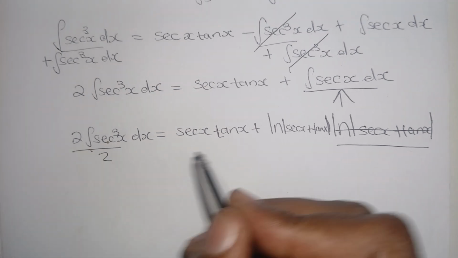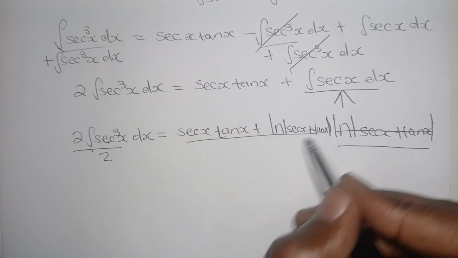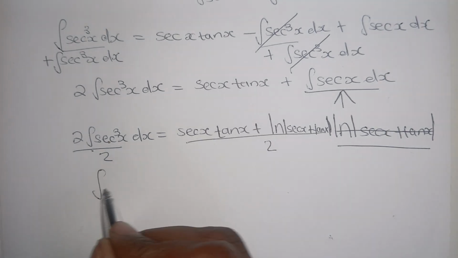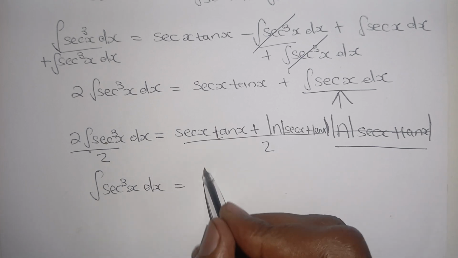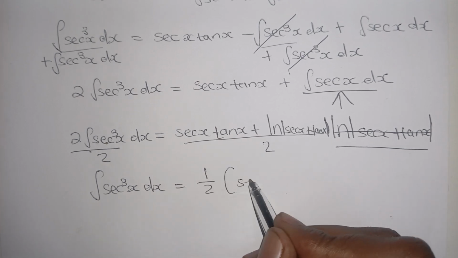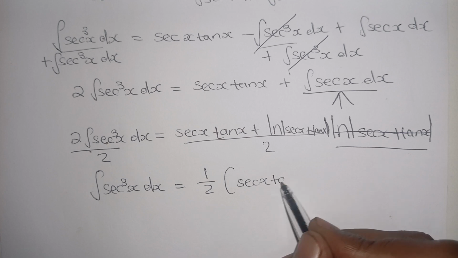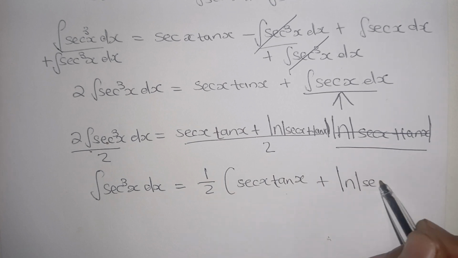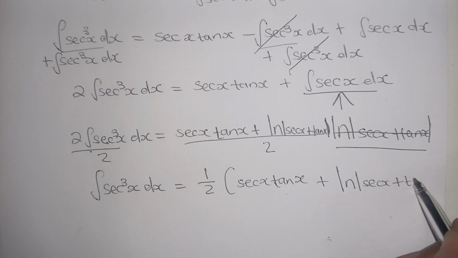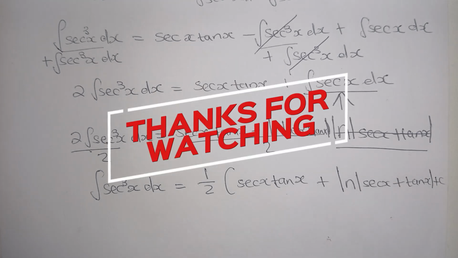So we just divide both sides by 2. So the integral of sec cube x dx is equal to 1 over 2 sec x tan x plus ln of sec x plus tan x plus c, right? This is the answer.